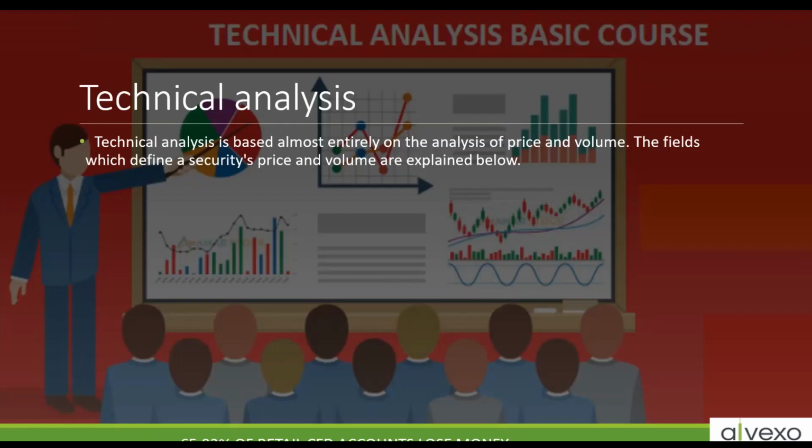Now, technical analysis is based almost entirely on the analysis of price and volume. The field which defines a security's price and volume, we're going to explain. Volume is a key issue to understanding what an asset is doing, especially for our type of short-term trading, because volume confirms what the market overall thinks of an asset at the time.